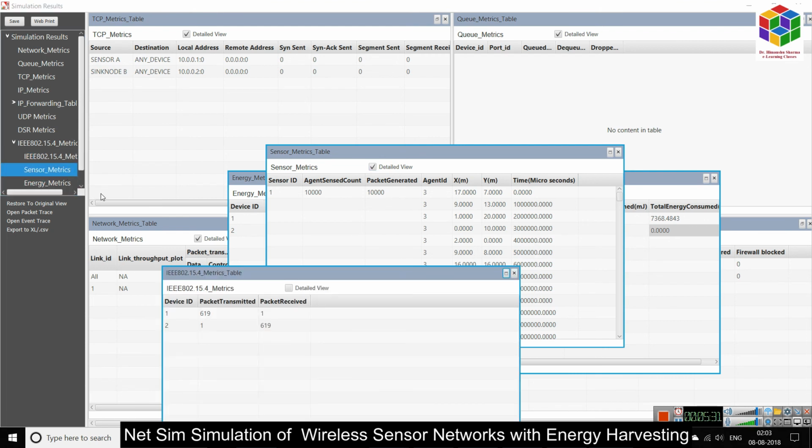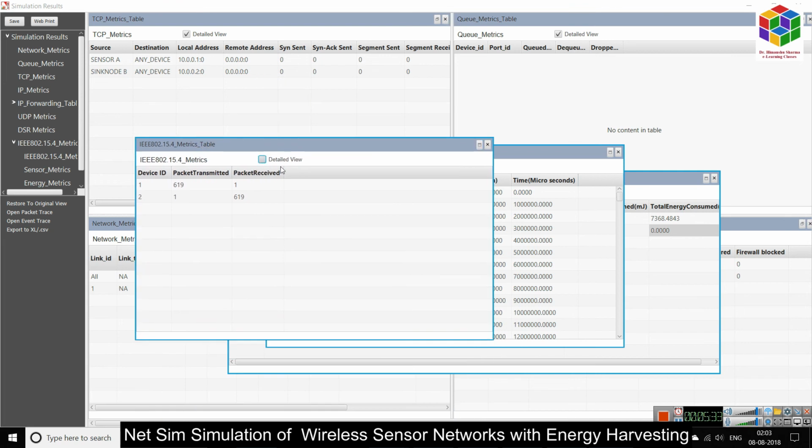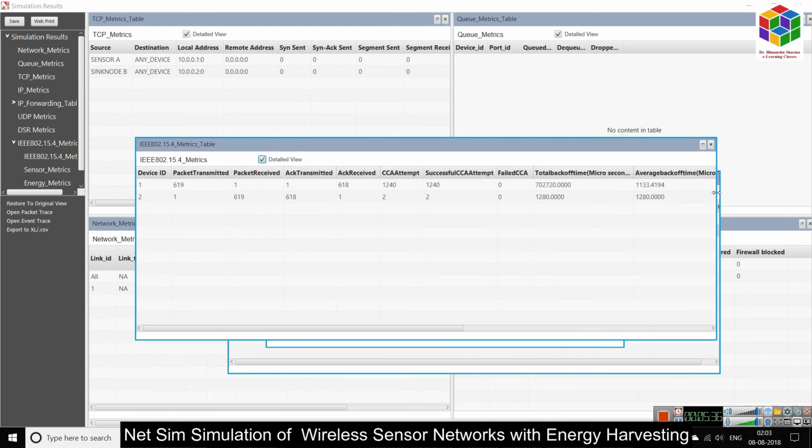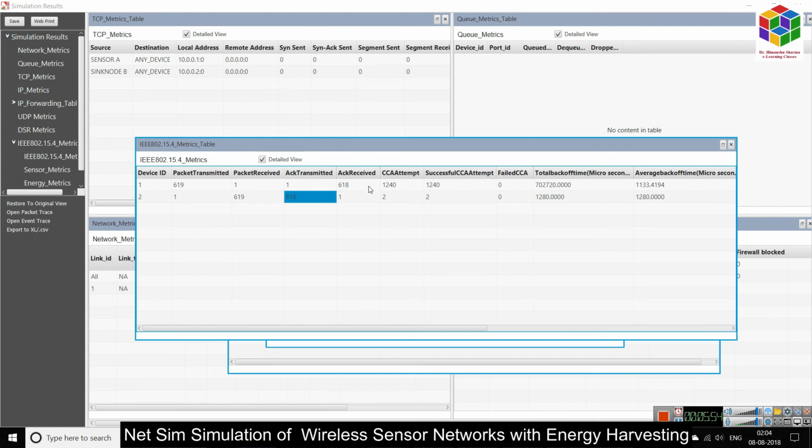So IEEE 802.15.4 metric, here it is showing the number of packets transmitted by sensor node A was 619 and all the packets were received successfully by the sensor node B, second node. Acknowledgement transmitted by the second node was 618, same as the number of packets received. Clear channel attempts 1240, successful clear channel assessment was same.